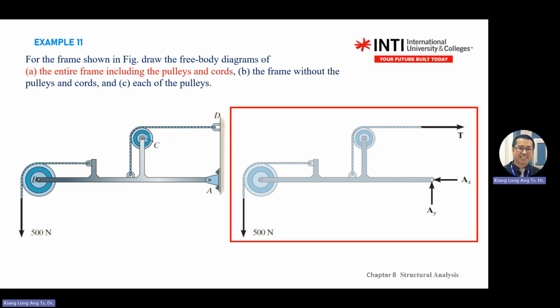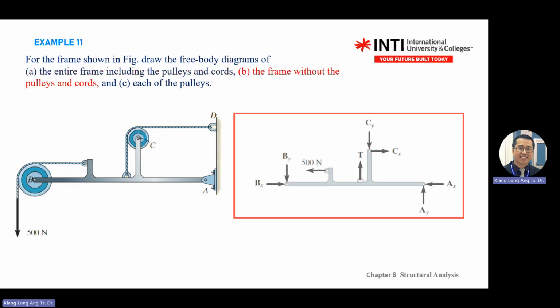C also has a pin, so CX, CY. Here there's one connector, tension cable going up. Then this is not a member of the gray color things, so you don't need to draw. At A, there's a pin, so AX and AY. Something like that.